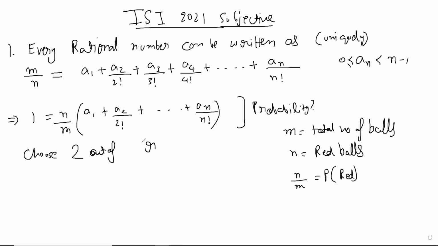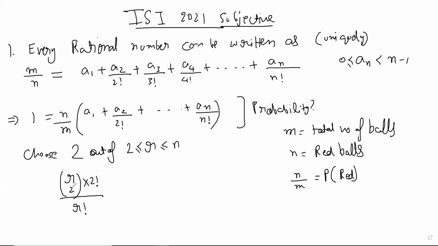Okay. So r is just something whose range is between 2 to m, and you're choosing 2 out of r. One minute. So, what is this calculating?